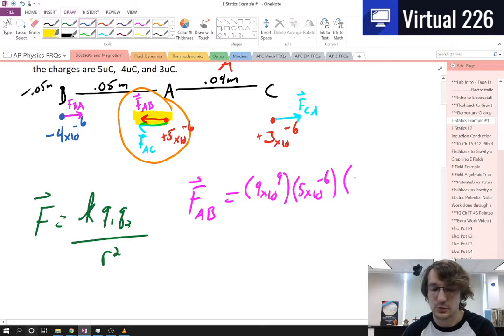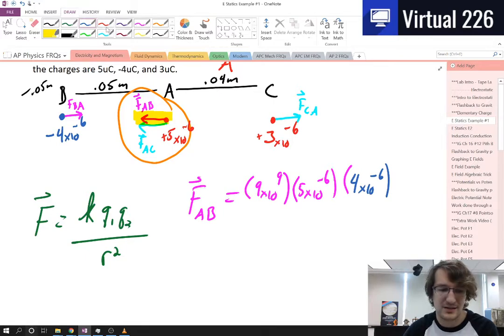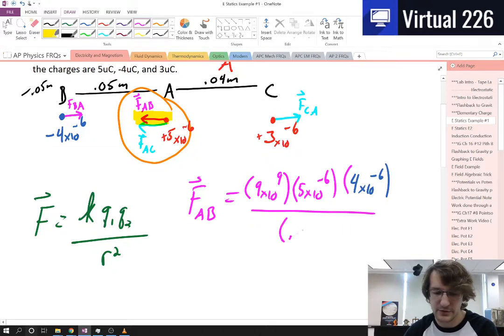Trust me. Trust Lord Restob. So, ignoring the negative, 4 times 10 to the exponent of negative 6 coulombs. That is our charge B. Then we simply divide this by the distance between in meters, which is 0.05 meters squared.